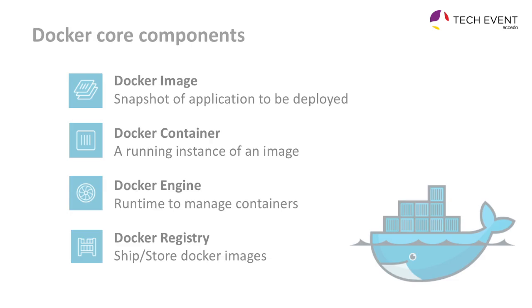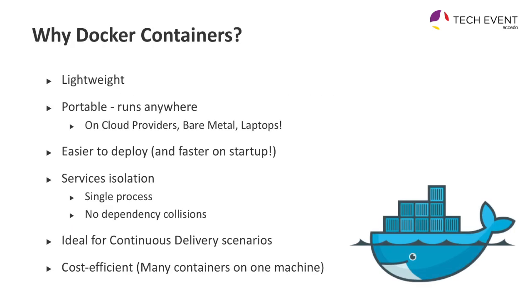So why did we decide to use containers, Docker containers more specifically? Because they are very lightweight. According to Docker philosophy, we try to run a single process in a container, so that becomes very lightweight. Portable, it can run anywhere, either on public cloud providers, bare metal, or even on laptops.